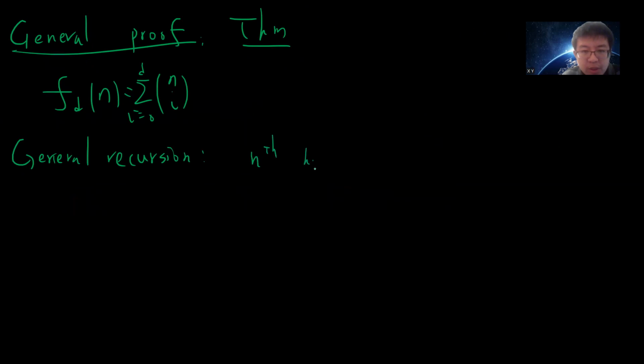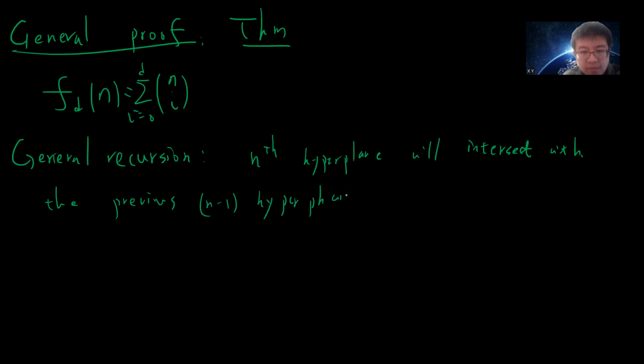Your nth hyperplane will intersect with the previous n minus 1 hyperplanes, and with the shape of the n minus 1 hyperplanes with the smaller dimension.